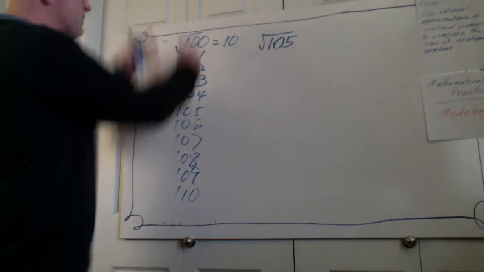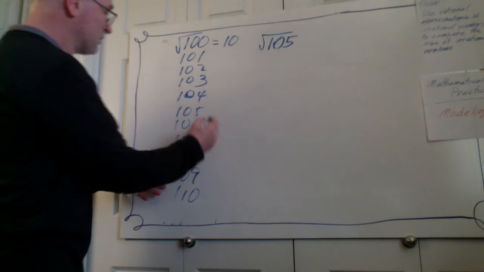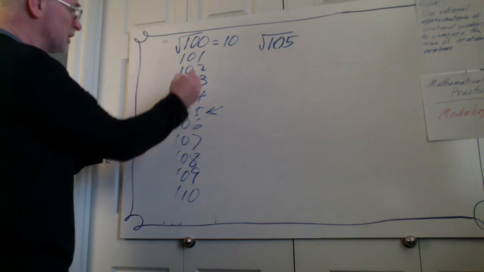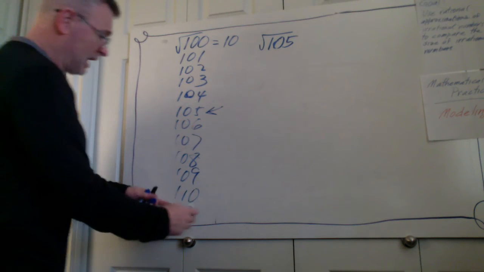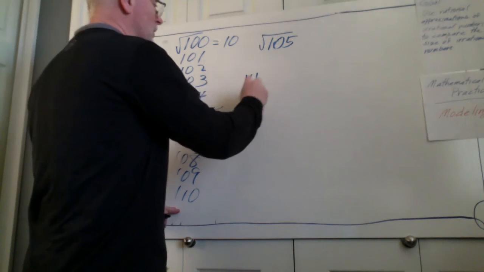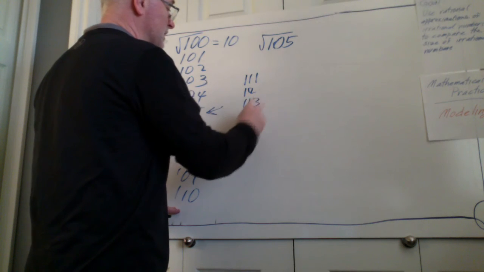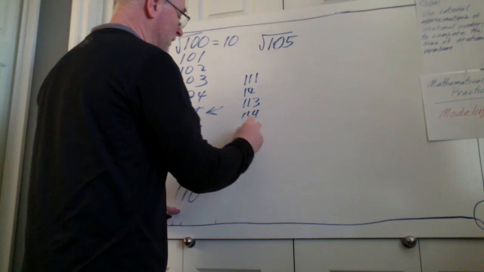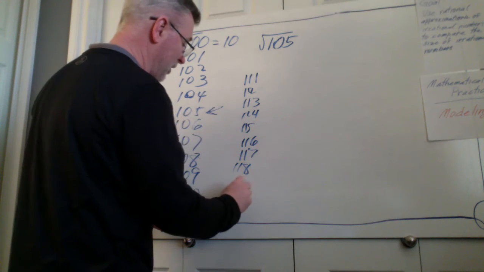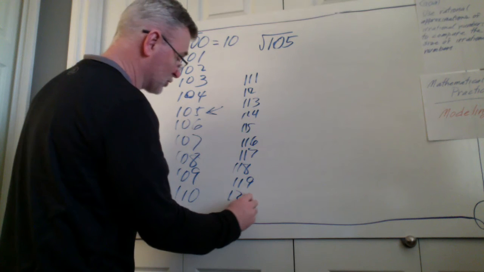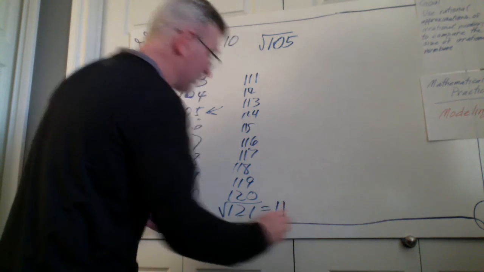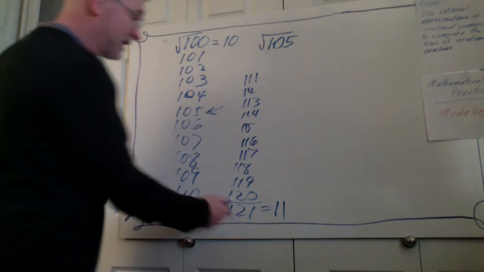So if I'm going to estimate this thing, there's 111, 112, 113, 114, 115, 116, 117, 118, 119, 120, and then 121. This is my next square because the square root of 121 is 11. This is my next perfect square.